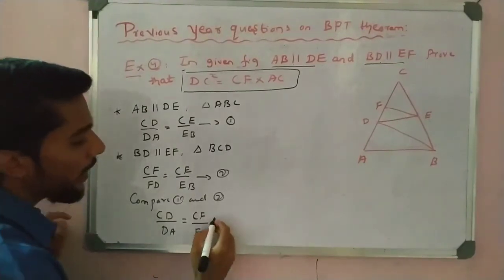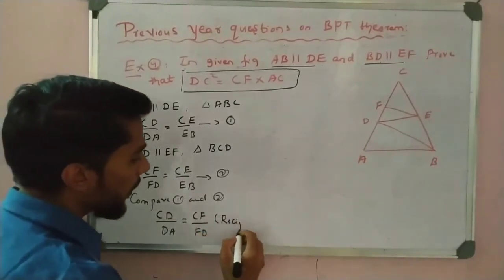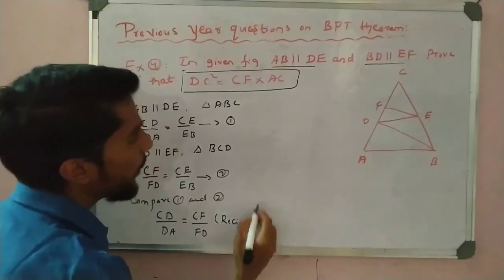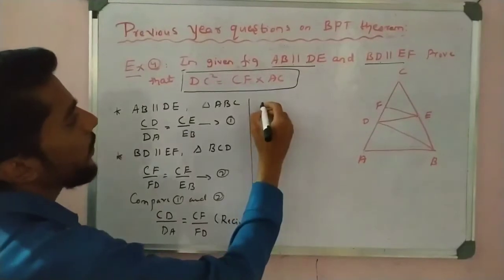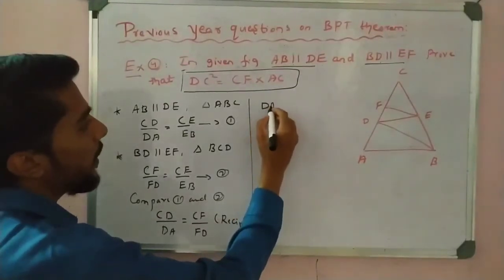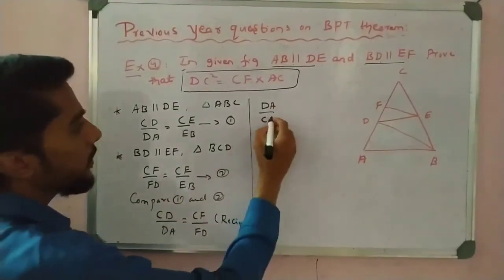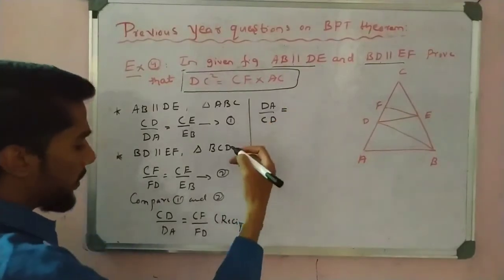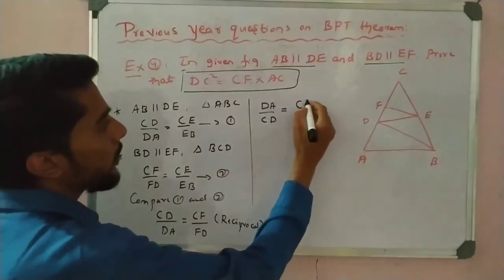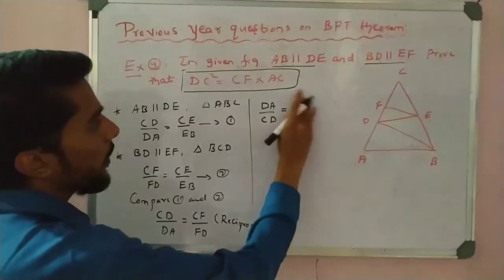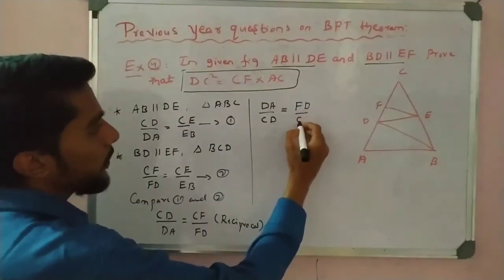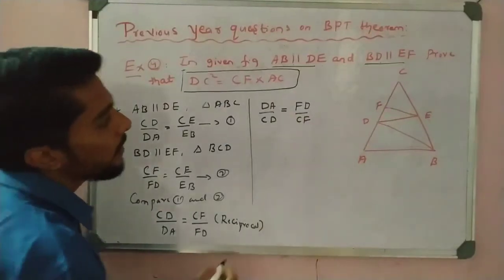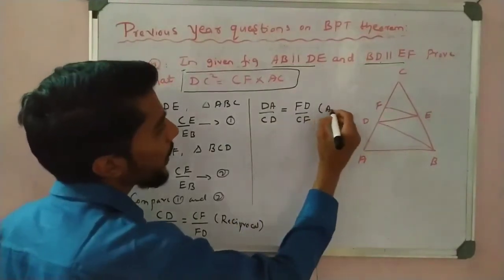Now I can take the reciprocal of it. What happened here? We get DA by DC is equal to FD by CF. Now let us add 1 on both sides.